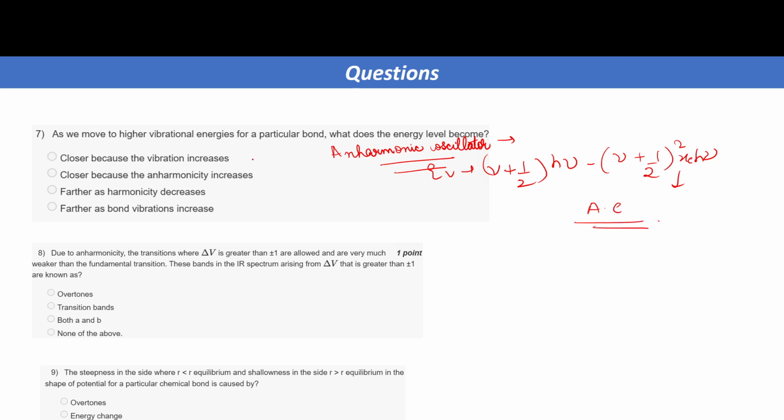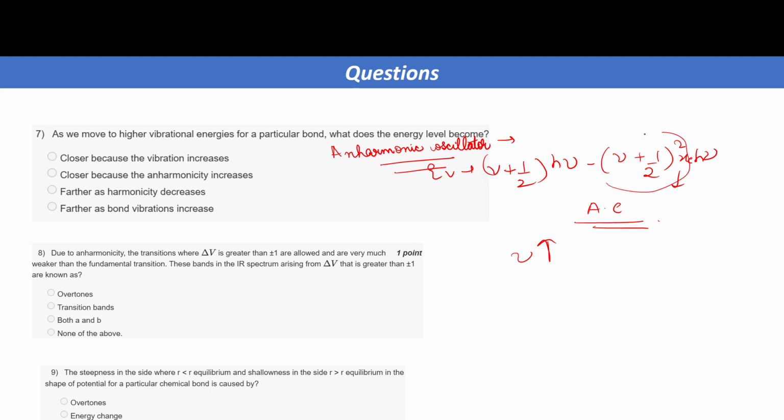And if we see now, when we move to a higher vibrational energy level, this value, that is v, will increase.